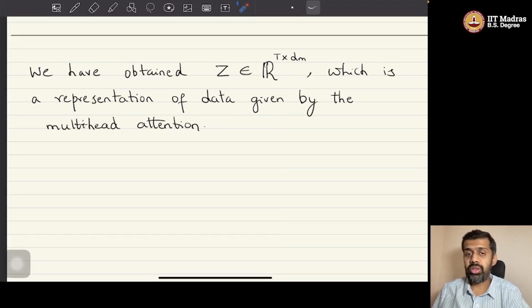If you observe the entire multi-head attention mechanism, it is predominantly linear operations, because they are all matrix multiplications, and every matrix multiplication is a linear operation.